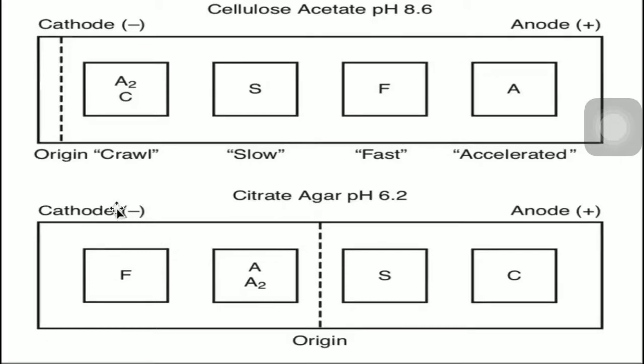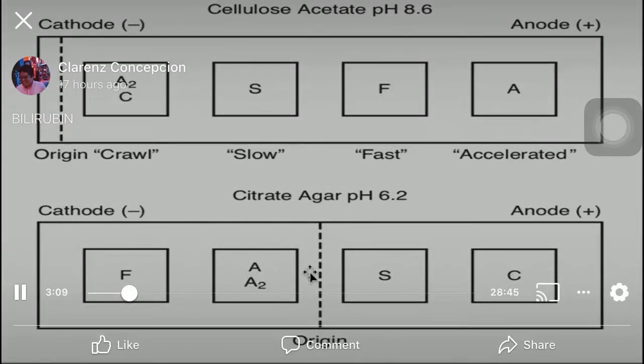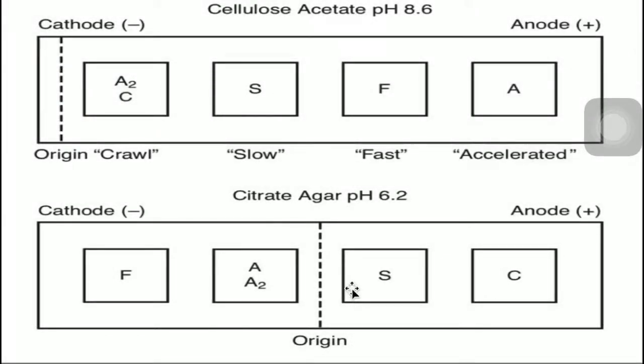So we have F, and then we have A, A2, then pa-add din po ako ng E. So we have your hemoglobin E, and then we have your S, and actually before yung S, there is the O, D, and G. So before yung S, we have O, D, and G. Okay, and then we have your hemoglobin C. Okay, so again, we have here sa cellulose acetate A2, C, E, and O, S, D, G, F, and then A or A1.